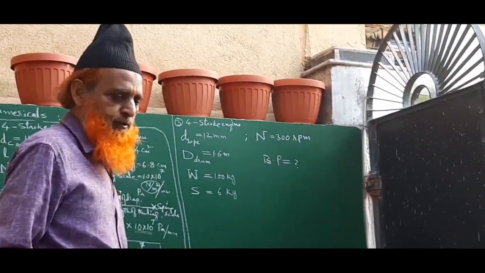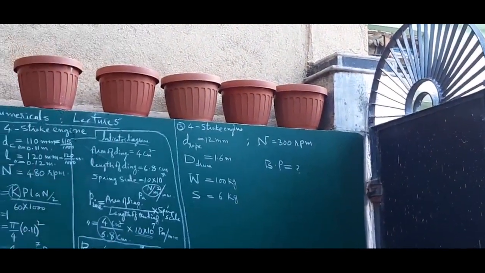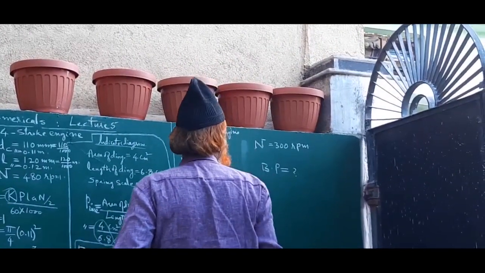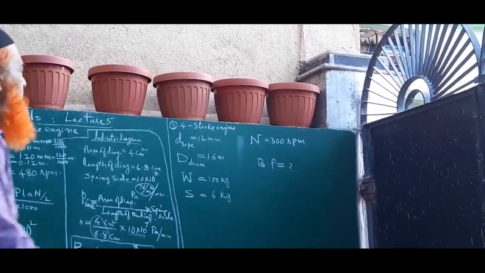It is very simple. The lengths in SI units are supposed to be taken in meters, so convert all of this into SI units.